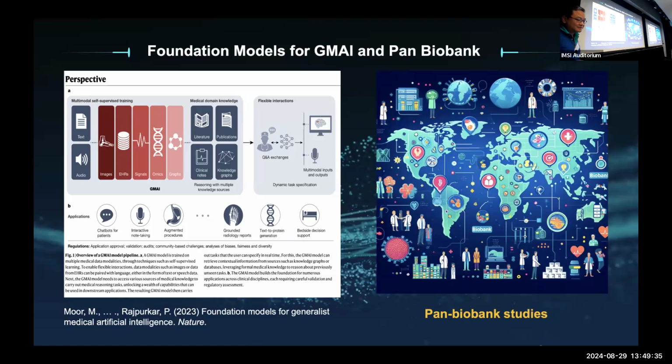It's a great paper, and I personally want to build something along these lines. We're also interested in integrating data across different biobank studies, using federated learning or other methods, or through ENIGMA-type consortiums.